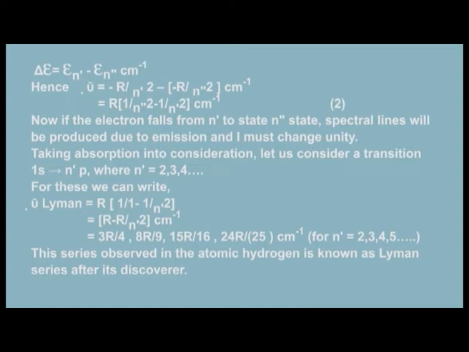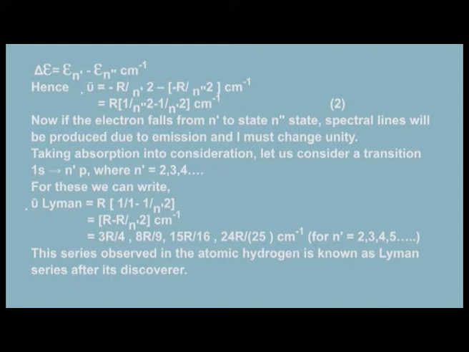For this we can write nu bar Lyman is equal to R into 1 by 1 minus 1 by n prime square, equal to R minus R by n prime square centimeter inverse, which will be equal to 3R by 4, 8R by 9, 15R by 16, 24R by 25 centimeter inverse for n prime equal to 2, 3, 4, 5 etc.